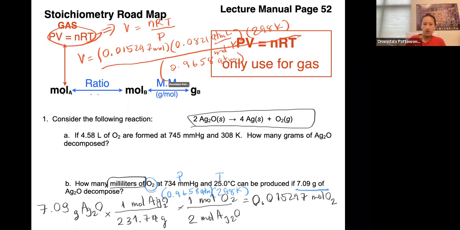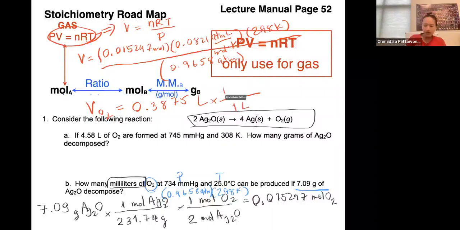If you do this correctly, you are going to get the volume of oxygen come out to be 0.3875 liter, but it's asking for milliliters. So we're going to have to do one more step.